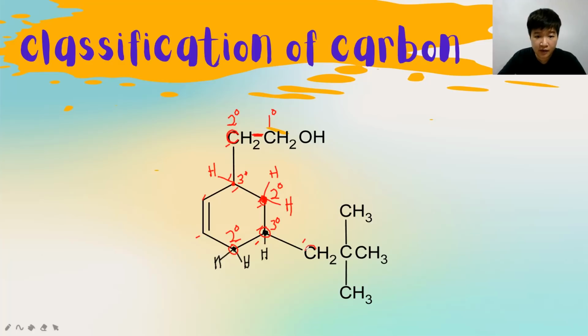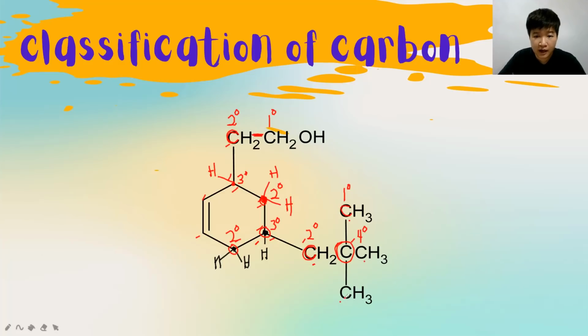This carbon right now will be what class of carbon? Let's see. 1, 2. Secondary. The top carbon over here will be a primary because it's only bonded to 1 carbon. The center carbon over here, guys, is pretty obvious. That is your quaternary carbon. 1, 2, 3, 4.